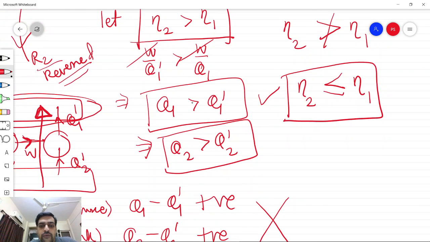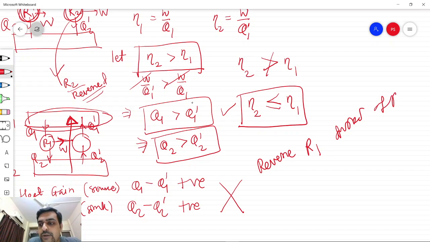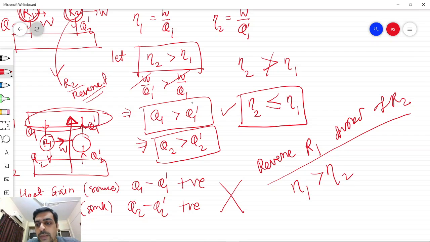Now we can repeat the same discussion using the same arguments, and if we reverse R1 instead of R2 and claim that eta 1 is greater than eta 2, we will come up with a similar discussion, and this statement will also be incorrect.